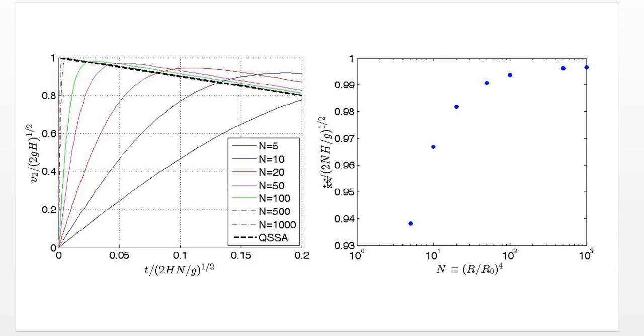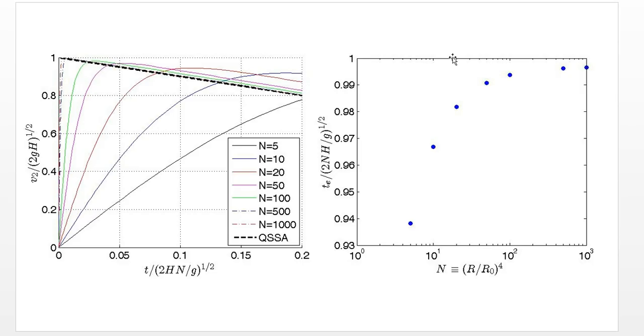And finally, I plotted here the normalized exit emptying or efflux time, t_E, divided by (2nH/g) to the 1/2 power, that's the dimensionless time, as a function of n. For the quasi-steady state approximation, this value of the emptying or efflux time should be equal to 1 in dimensionless units.